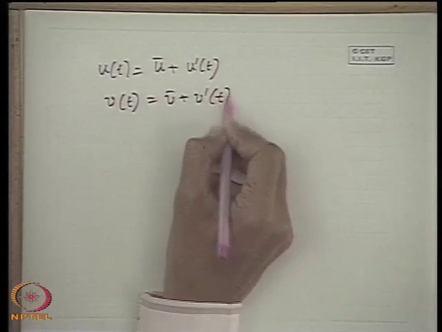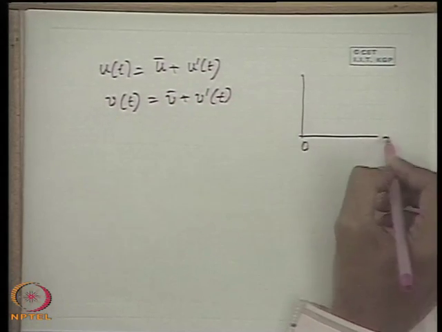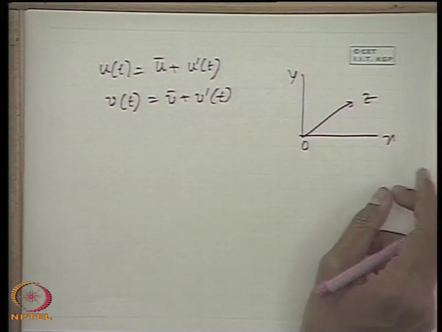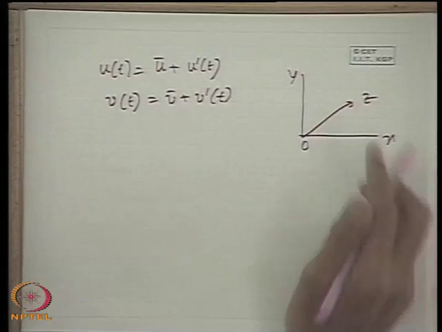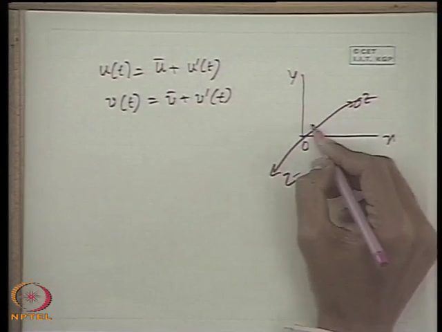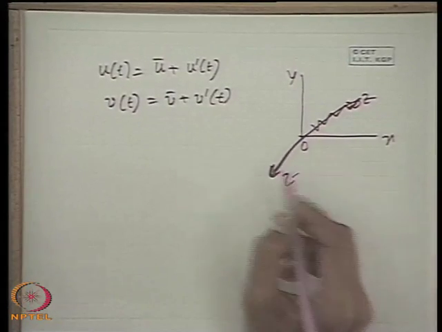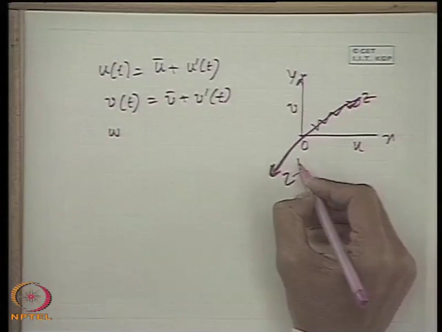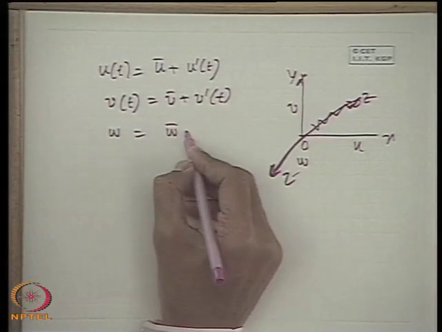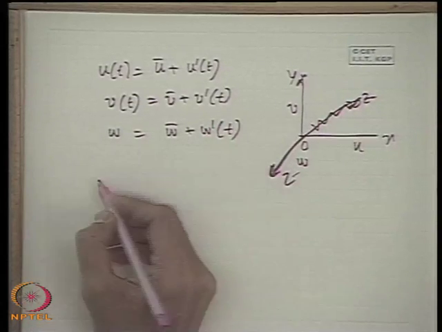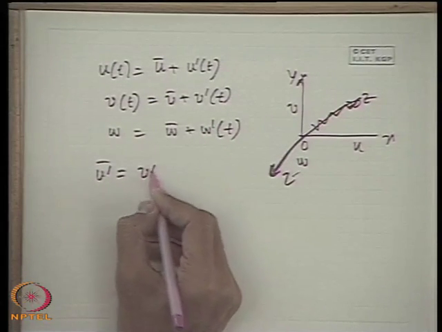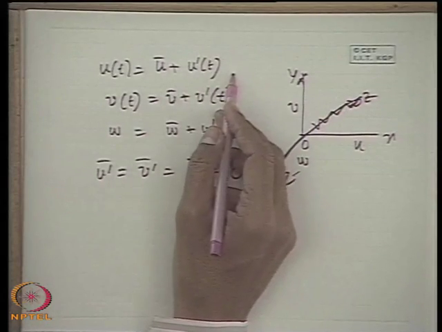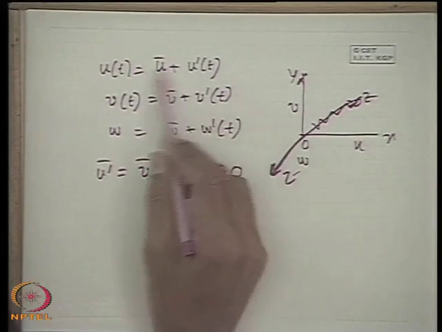In general, if we express in the x, y, z coordinate system, we can write u, v, w equal to the mean plus fluctuating components, so that u dash bar is equal to v dash bar is equal to w dash bar is 0. That means the time mean value is 0. So this is the decomposition principle of Reynolds.